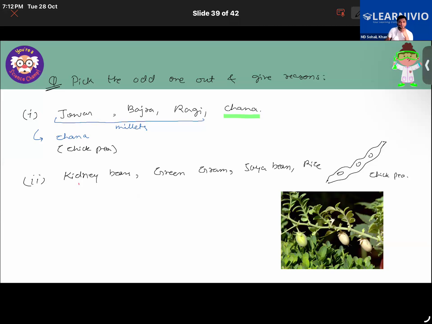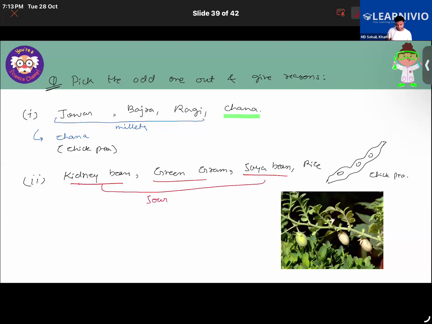Reason? The reason is kidney beans, green gram, and soya bean, all of them have one thing in common: they are sources of protein.